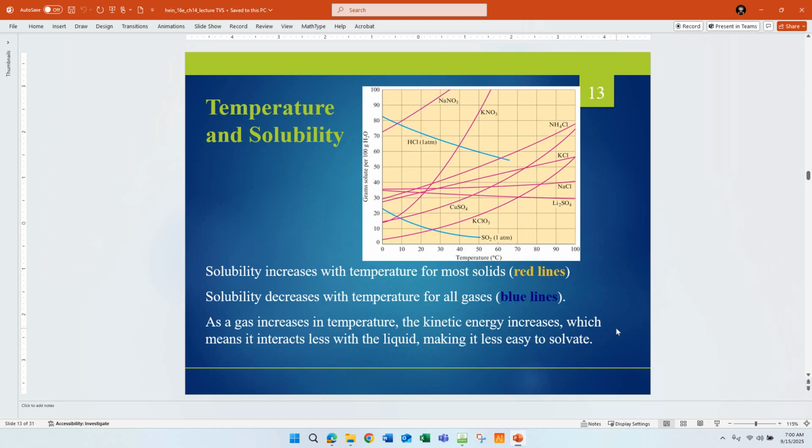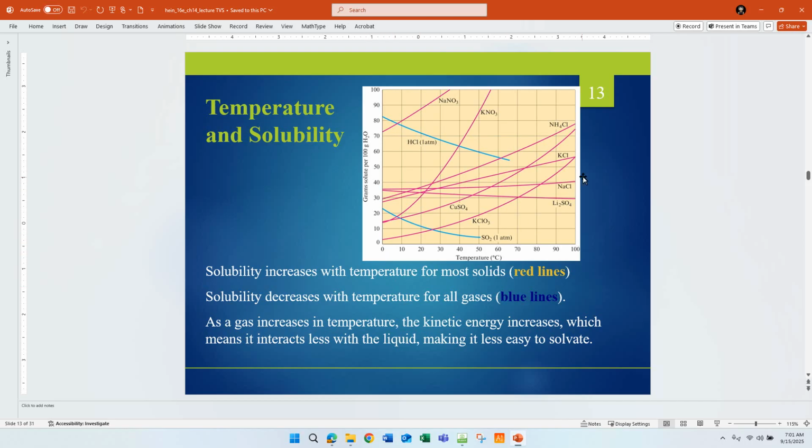So how do we determine unsaturated versus saturated versus supersaturated? Well, that's easy enough. Let's look at KClO3, so potassium chlorate. It starts down here at 0 degrees Celsius at about maybe 3 grams of solute per 100 grams of water.